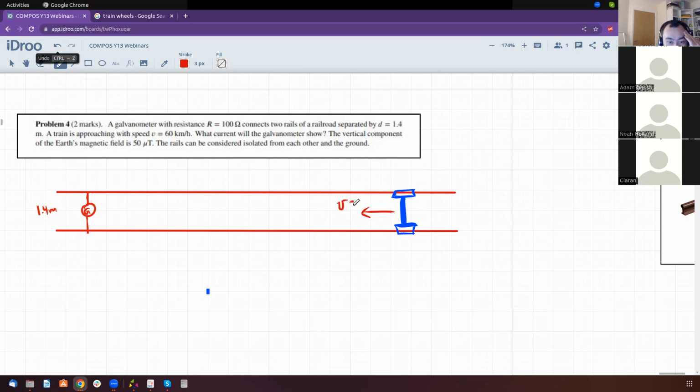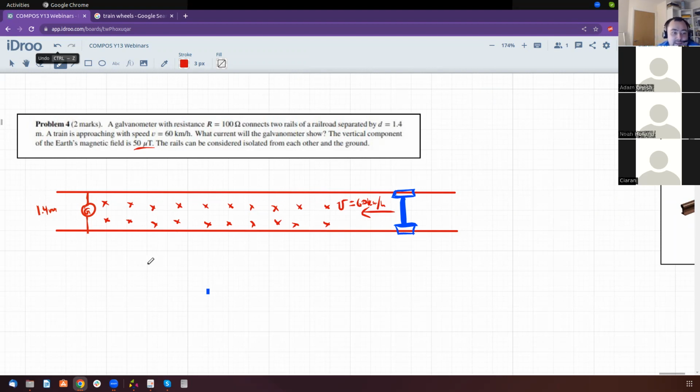So the velocity is 60 kilometers an hour. And what current will the galvanometer show? The vertical component of the Earth's field. So you have a magnetic field of the Earth. In the northern hemisphere, it's down. In the southern hemisphere, it's going to be upwards.